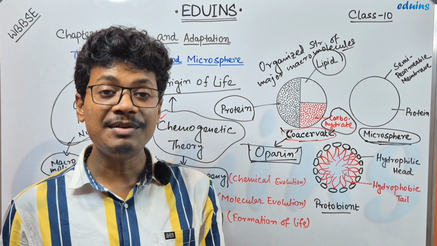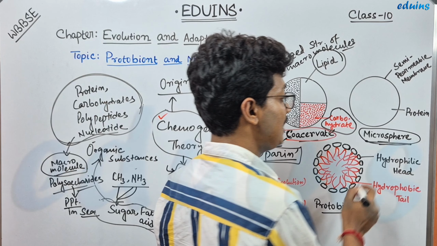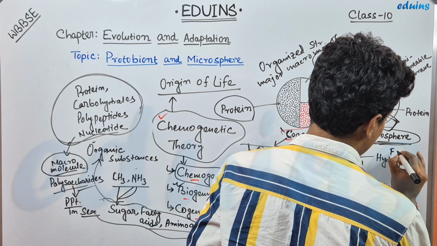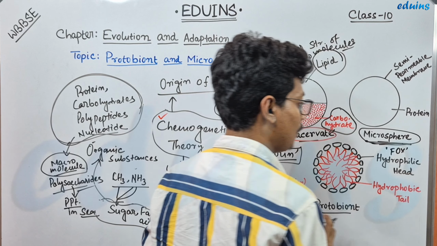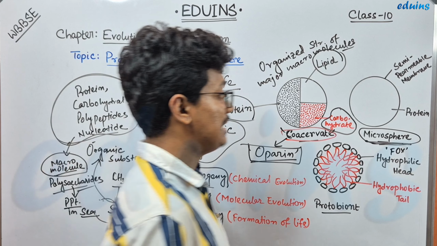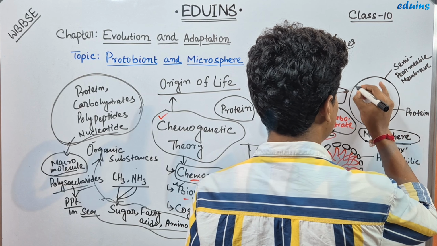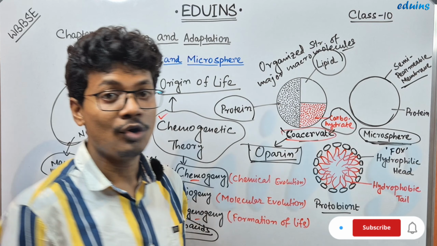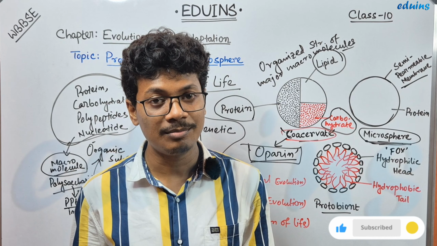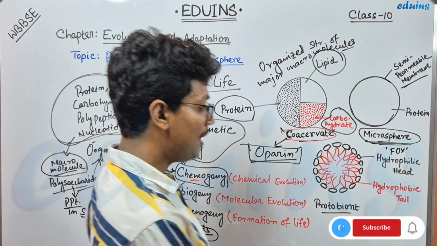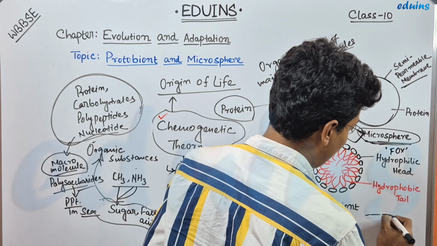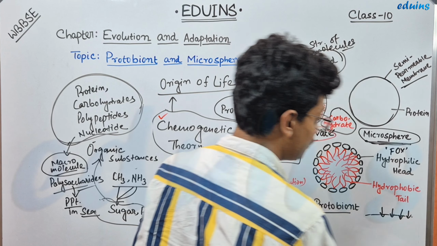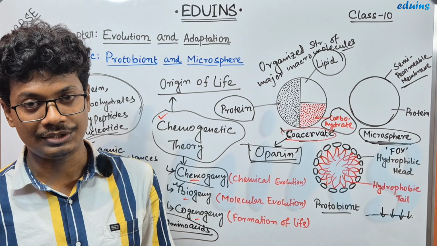The microsphere is the primitive form of any cell, and this term was coined by Fox. A microsphere is a layer surrounded by a semi-permeable membrane. We know permeable and semi-permeable. Semi-permeable membranes allow specific substances to pass through them.